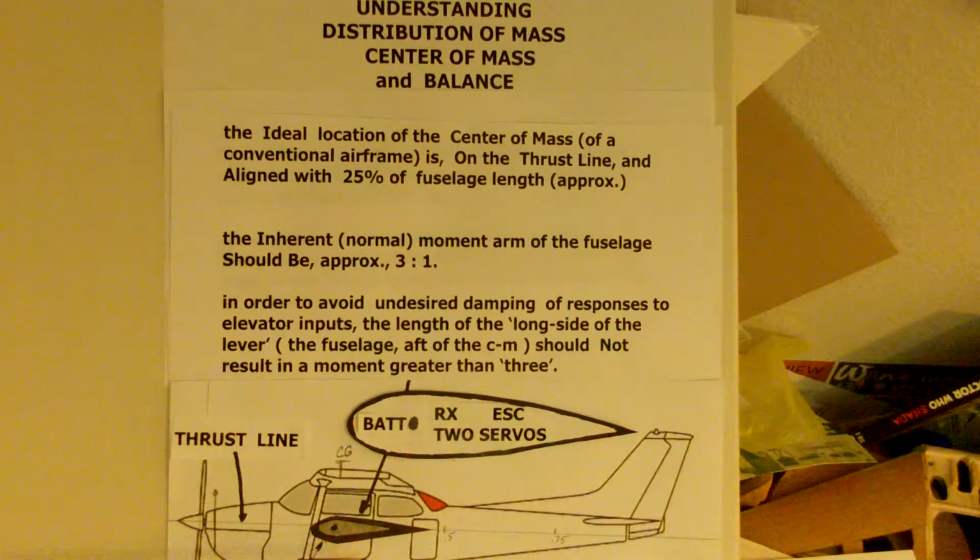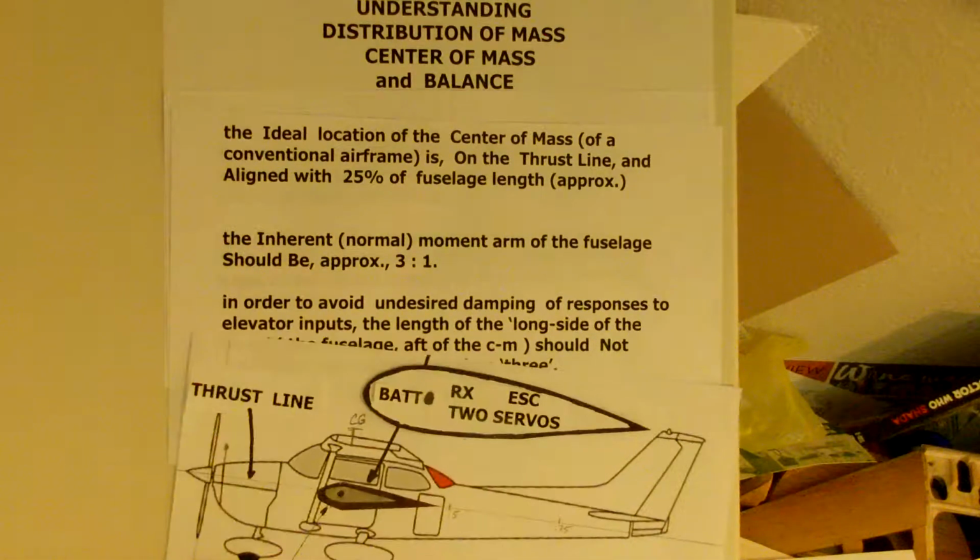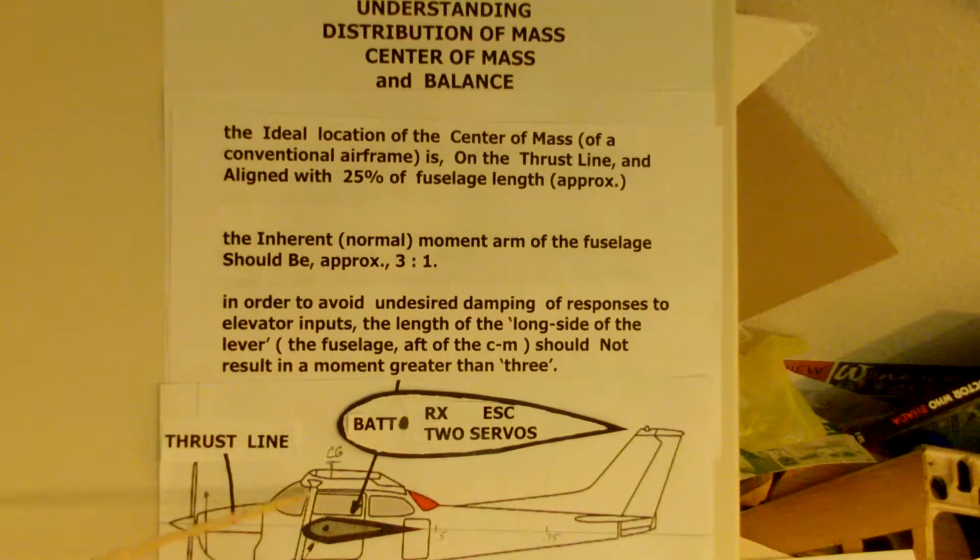It should be possible to tune this configuration for more sporty flying by keeping the axis of the CM volume right on line or just below, just a hair below the thrust line.